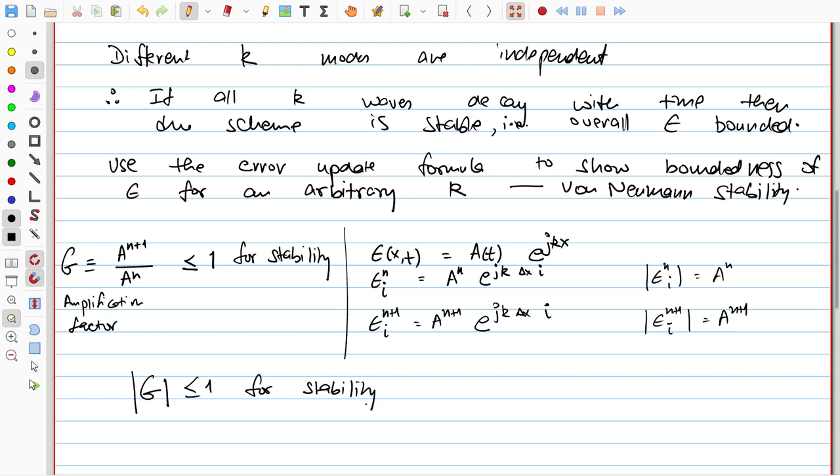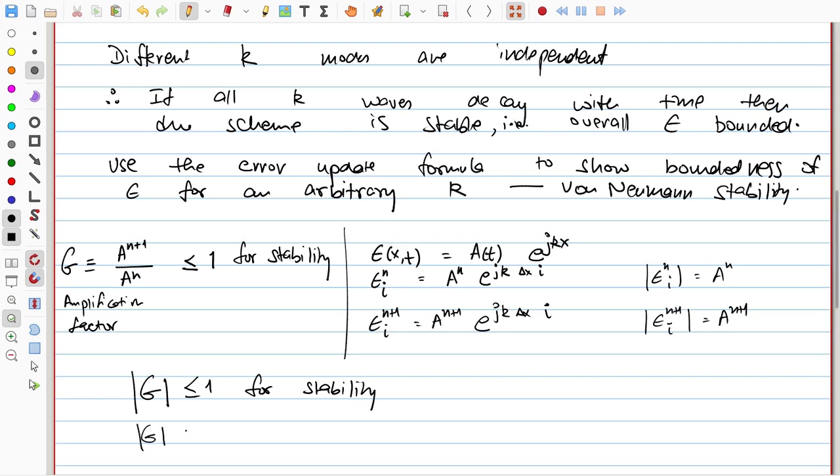If you think of a wave, you start with some amplitude, and if the amplitude decays with time, that basically means that the error is decreasing with time, and that is happening for all k values, because we have taken an arbitrary k. We are imposing this condition on an arbitrary k value.